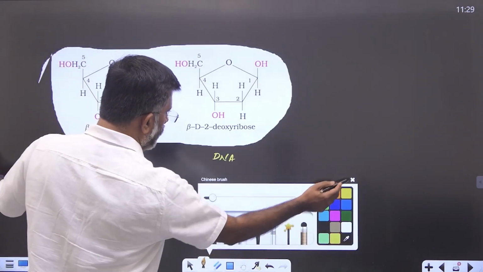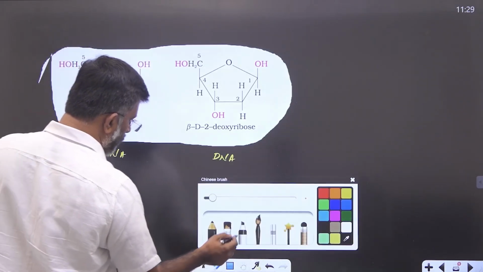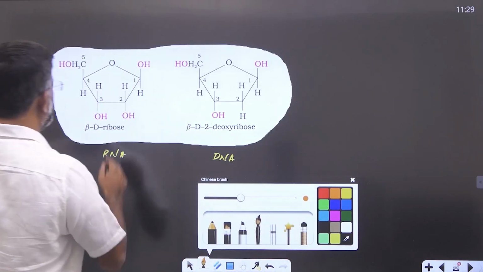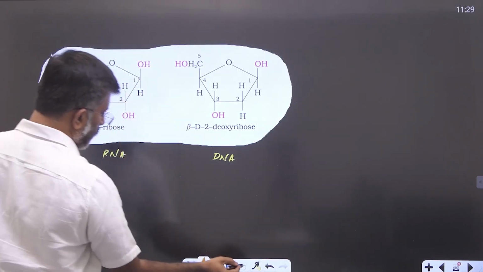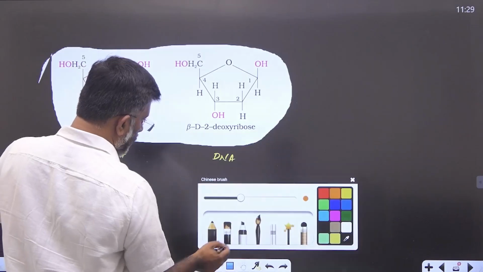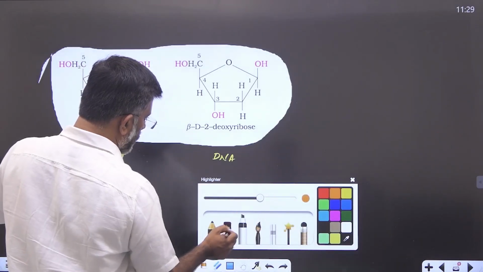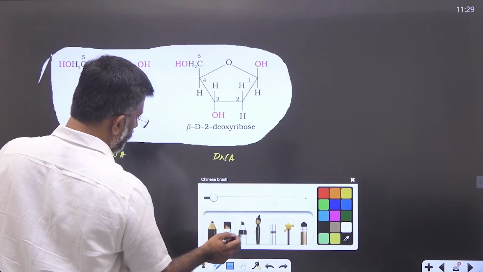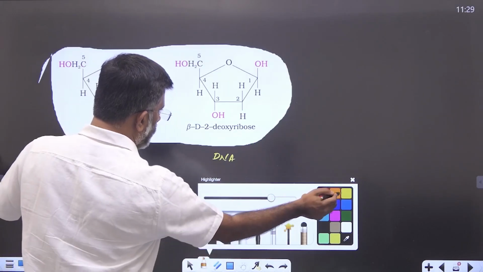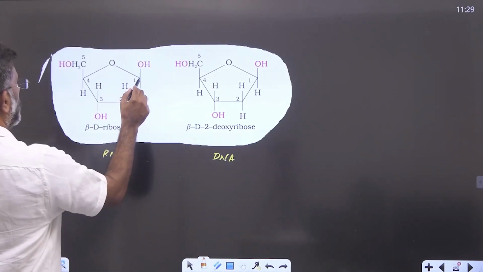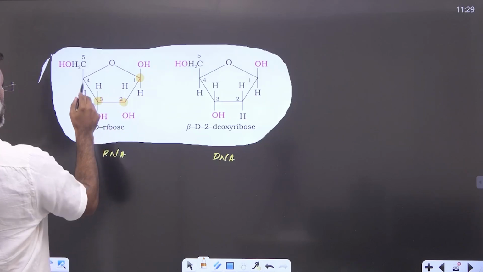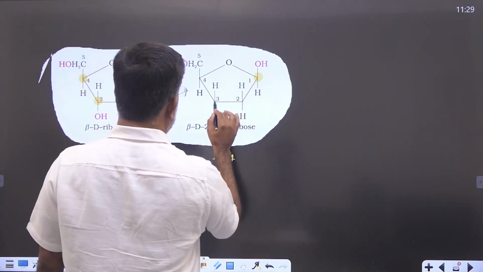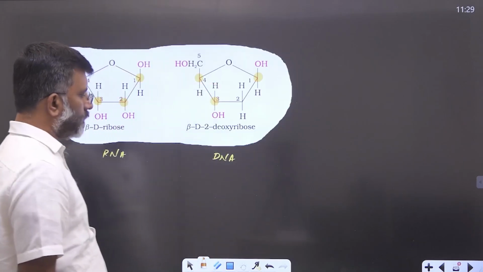And how many stereo centers are possible? Have a look at the number of stereo centers that are possible. You see, 1, 2, 3, 4 in ribose, and 1, 2, 3 in deoxyribose.